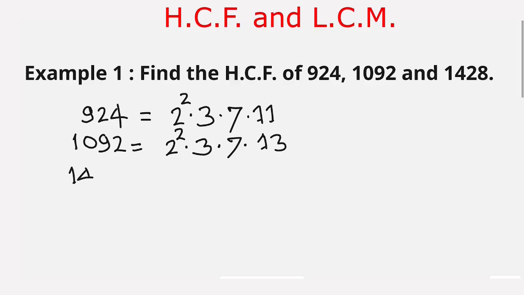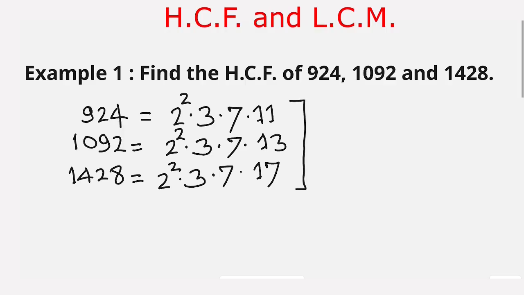Then prime factors of 1428 are 2 to the power 2 multiplied by 3 multiplied by 7 multiplied by 17.